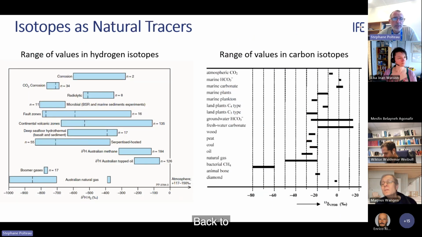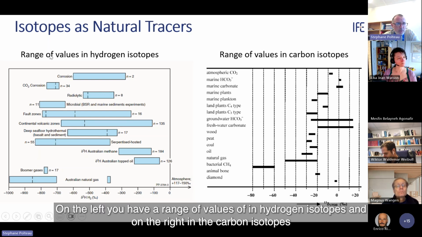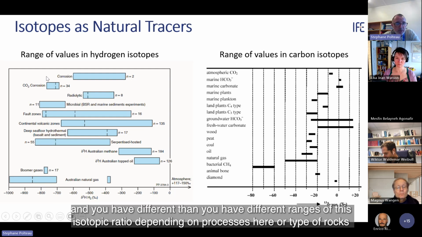Going back to how we use the isotopes. Here on the left, you have a range of values in hydrogen isotopes, and on the right in carbon isotopes, and you have different ranges of this isotopic ratio, depending on processes or type of rocks.